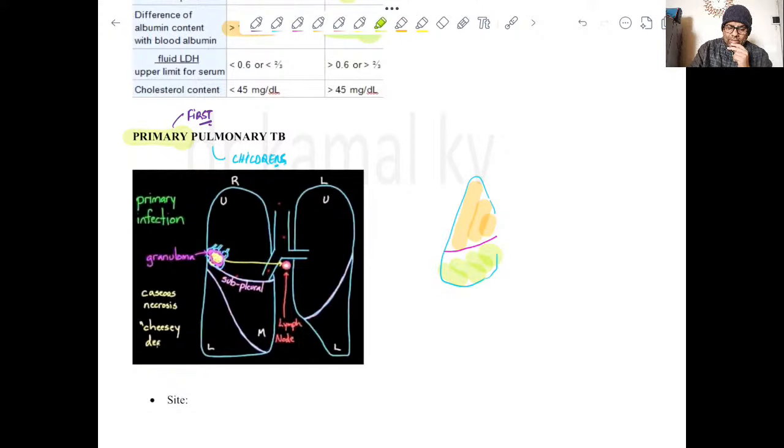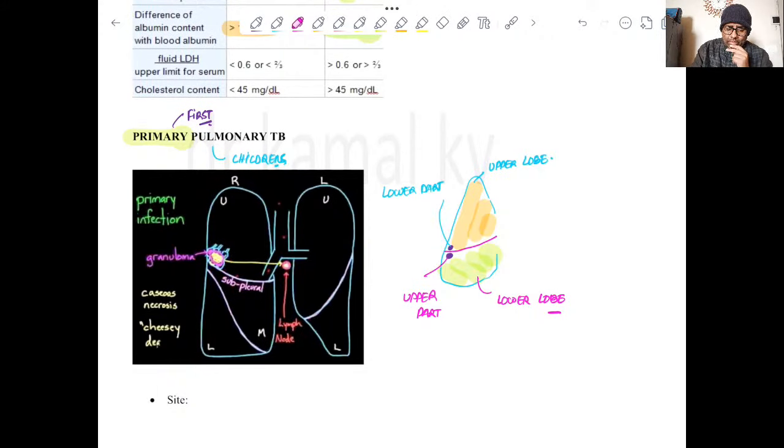Now the bacterium, when it enters, has a very peculiar tendency to go either to the lower part of the upper lobe, or to the upper part of the lower lobe. Fine. So this is for primary.